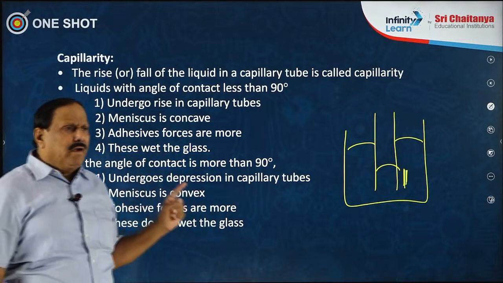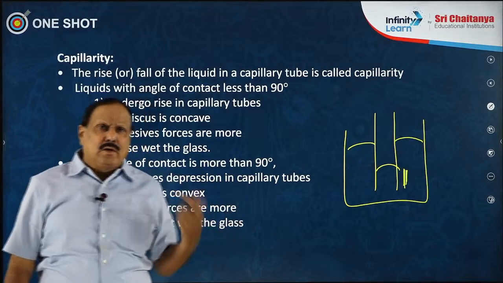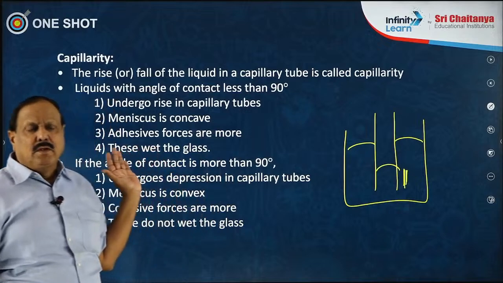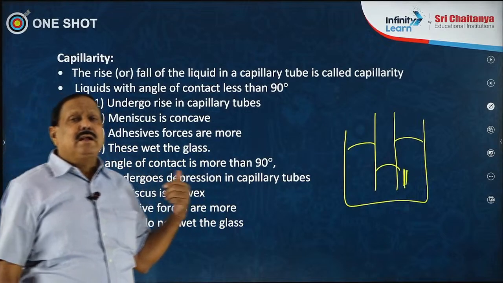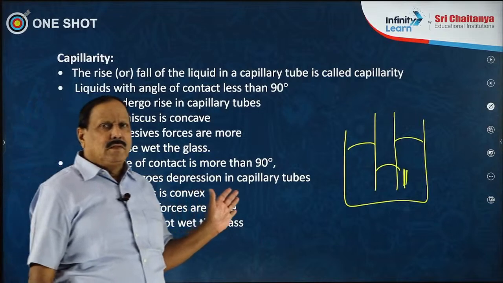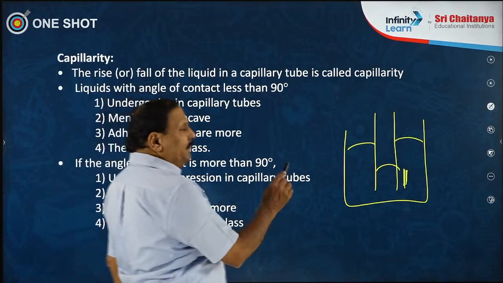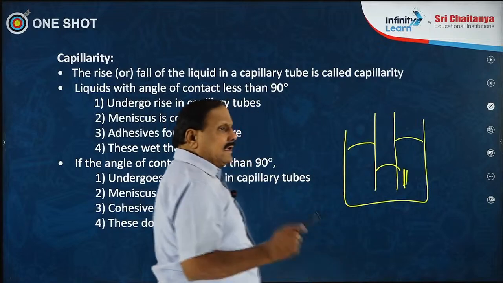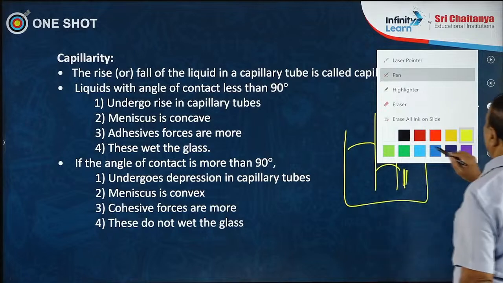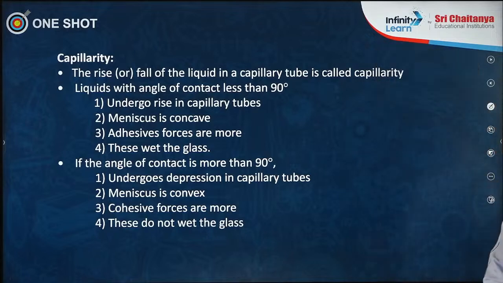Next, for a liquid whose angle of contact is more than 90 degrees, they undergo depression in the capillary tube. Suppose the angle of contact is 90 degrees, they won't rise, they won't fall. The level of liquid in the beaker and the level of the liquid in the capillary tube will both be the same. Like that, for angle of contact less than 90, more than 90, equal to 90, we have to remember these cases.